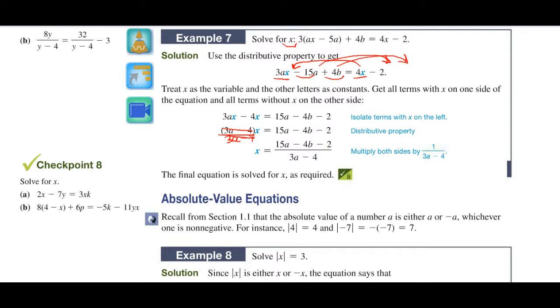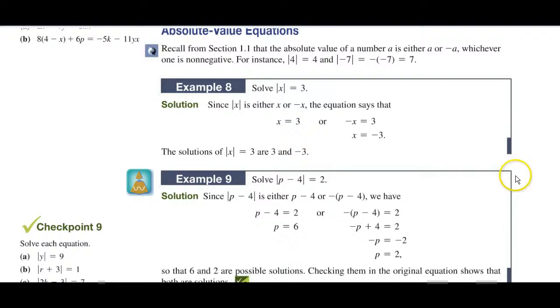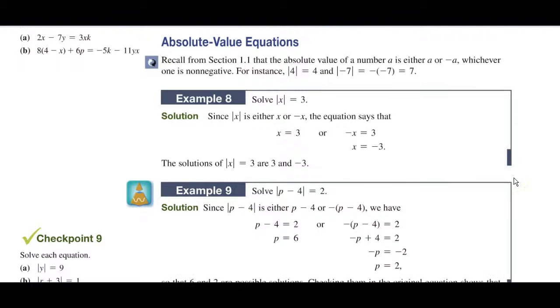Okay, now another type of equation is one in which we have an absolute value. Now we didn't do this in our earlier course, so here it is. And it's just a little extra step. Much of it is the same.